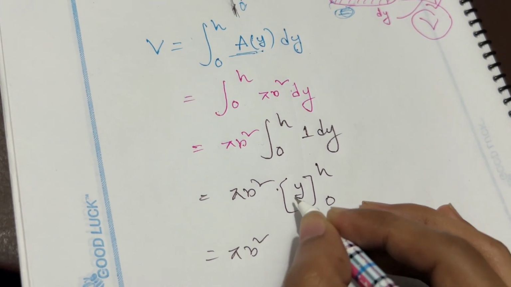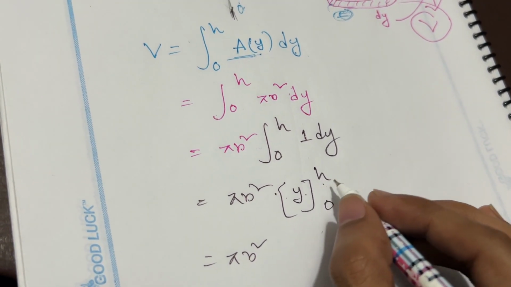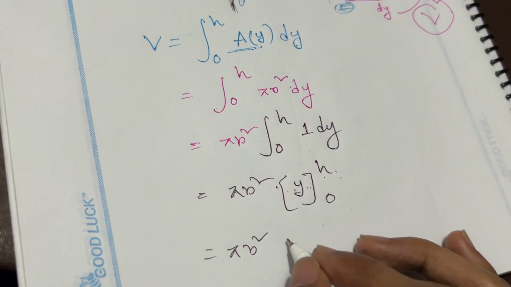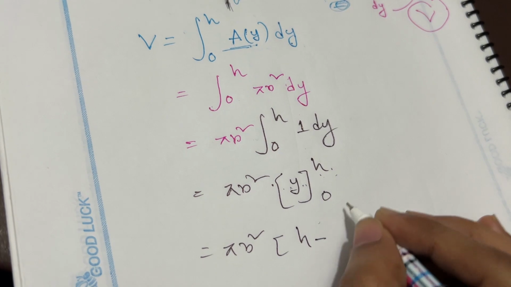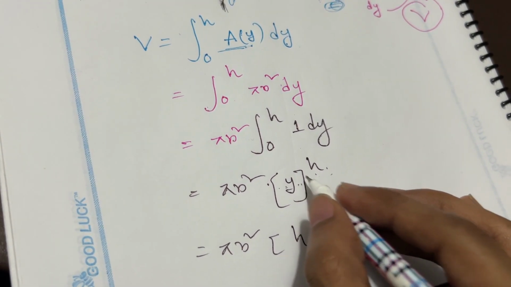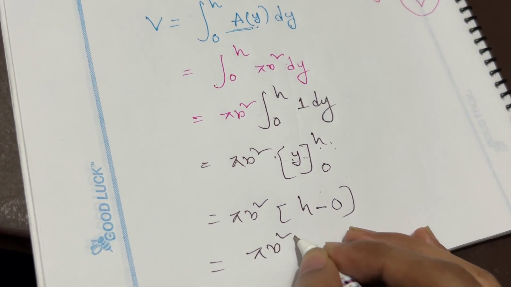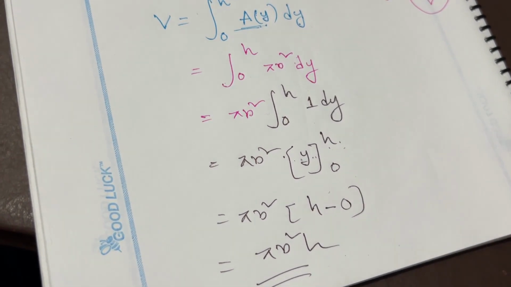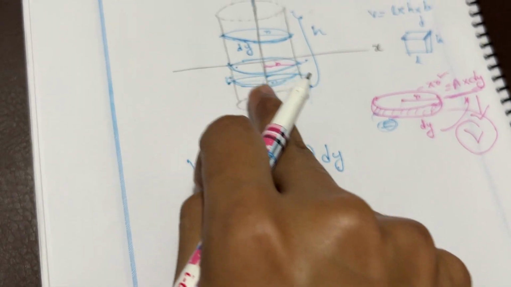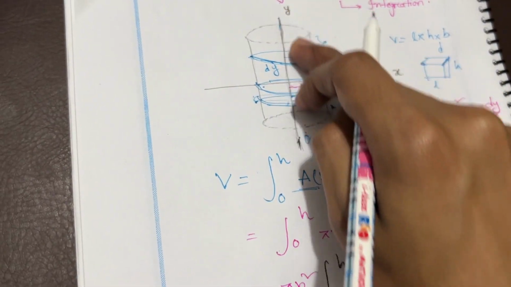So pi r squared, in terms of h, just put the value h inside this variable, which is h minus, now put the 0 inside y, this is 0. So what we get is pi r squared h. This is how the h comes, because you're going to do it along the height, along the y-axis.